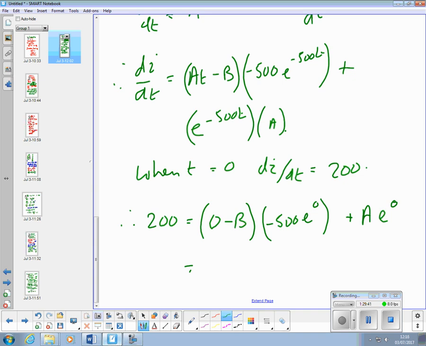Agreed? So this bit is worth minus 500b, and this bit is worth a.